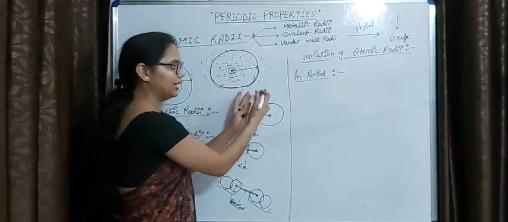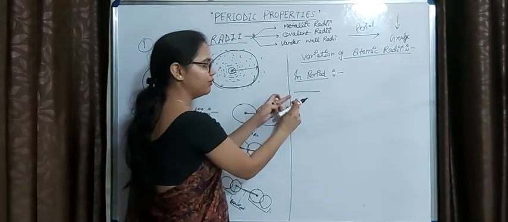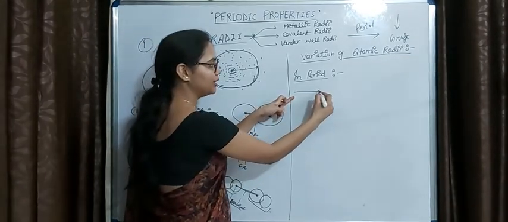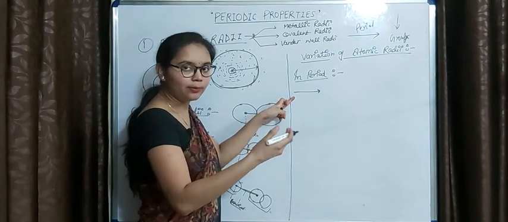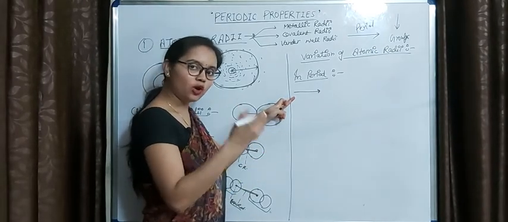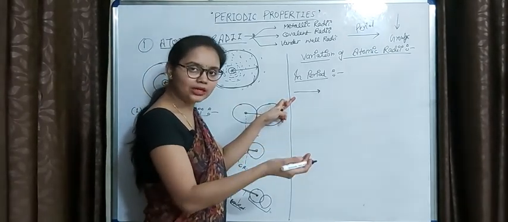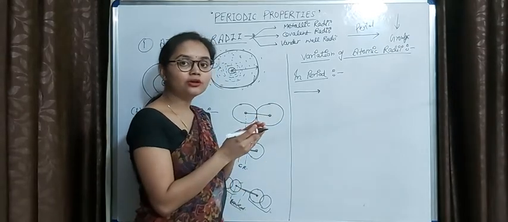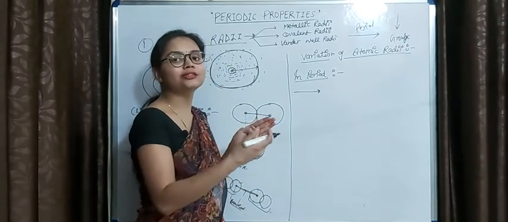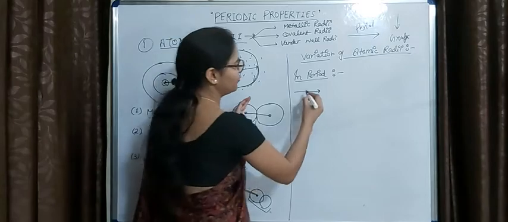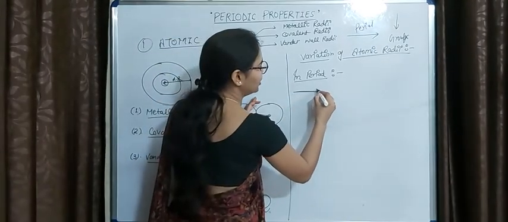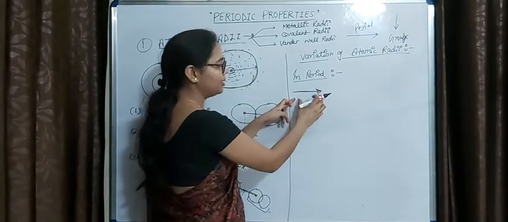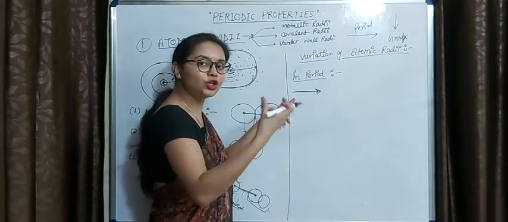When we move from left to right, atomic number increases, so the number of protons increases, which means nuclear charge increases.